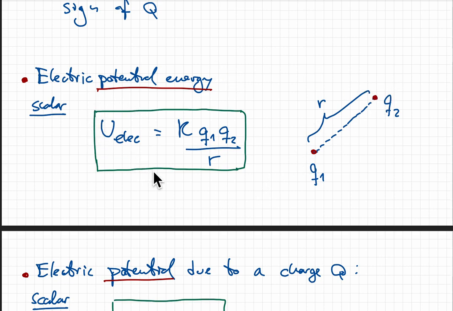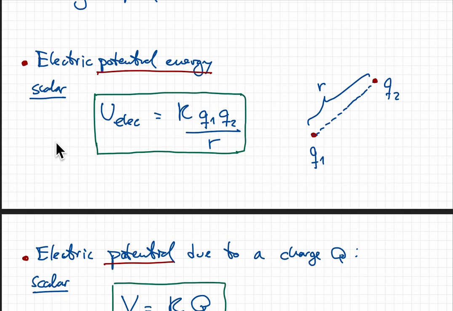So this electrical potential energy would have three terms, and you have to calculate this for each pair of charges: 1 with 2, 2 with 3, and 3 with 1. That's if you have more than two particles. And this pairwise expression defines everything you need for any number of particles.